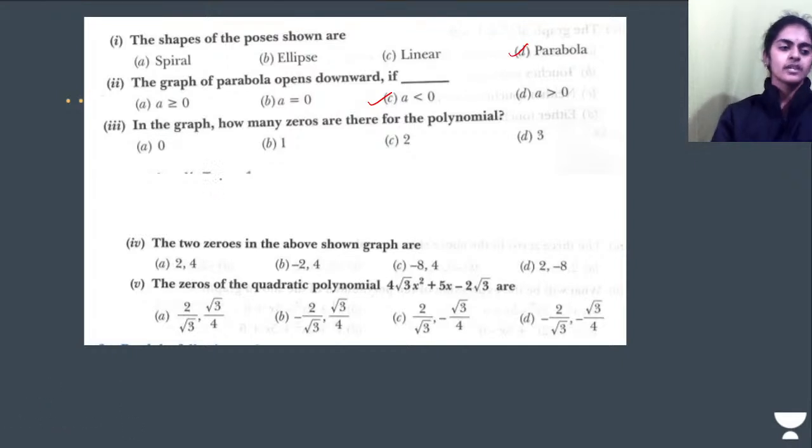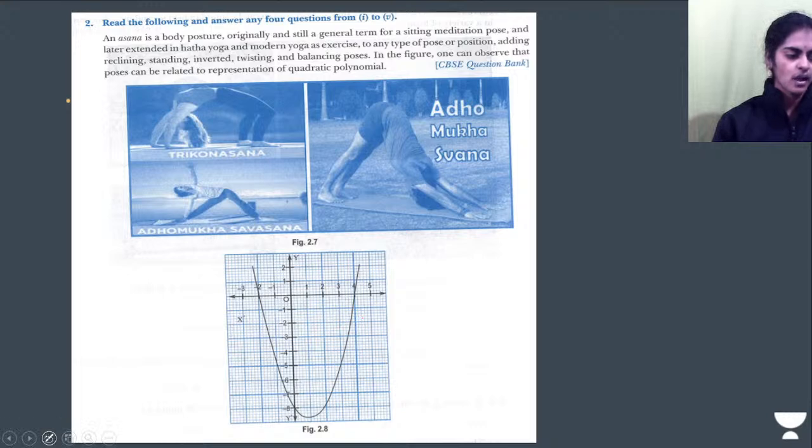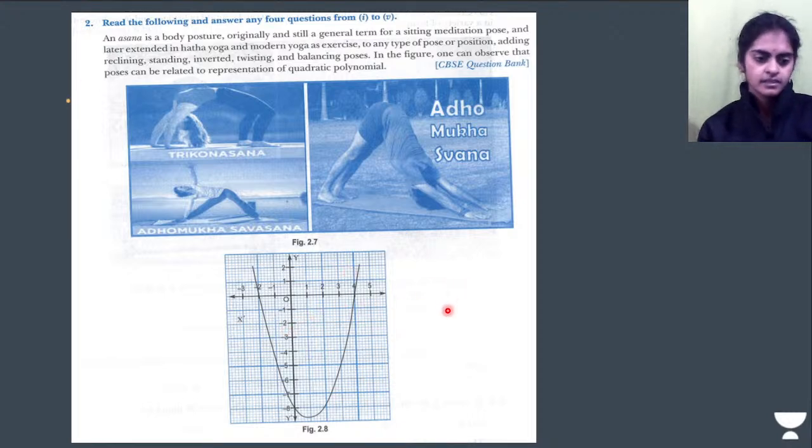Okay. So in the graph, how many zeros are there for the polynomial? So just have a look at the graph. This is the graph they are asking. In this particular graph, how many zeros are you able to find? Anurag says option C. Option C for the second question, beta. Third one?